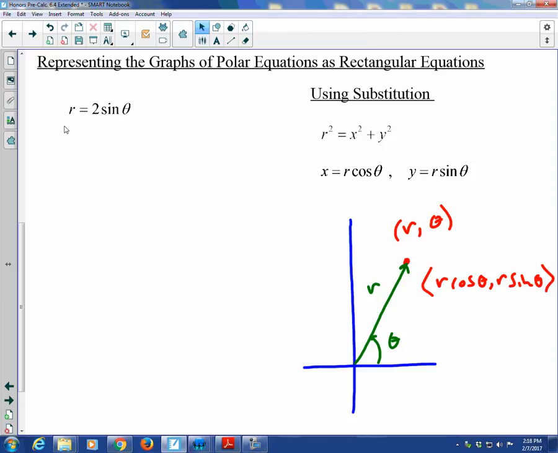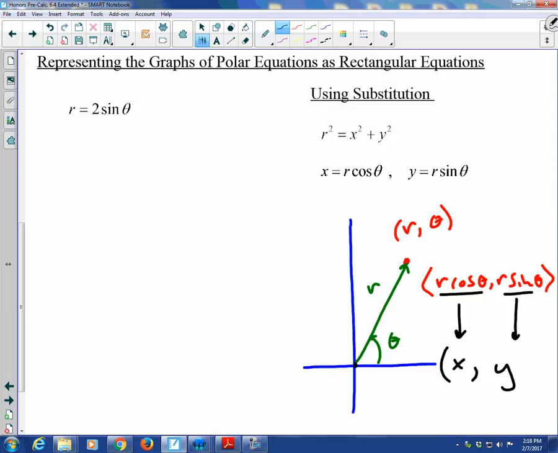And since we have standard representation here with our tail at the origin and our head at the point, what we can basically say is that the horizontal component is really going to be the x value of the ordered pair at the head. And of course, the vertical component is going to be the y value of the ordered pair at the head. Right? So in general right here, what we can say is that x is really going to equal r cosine theta, and y is going to equal r sine theta.